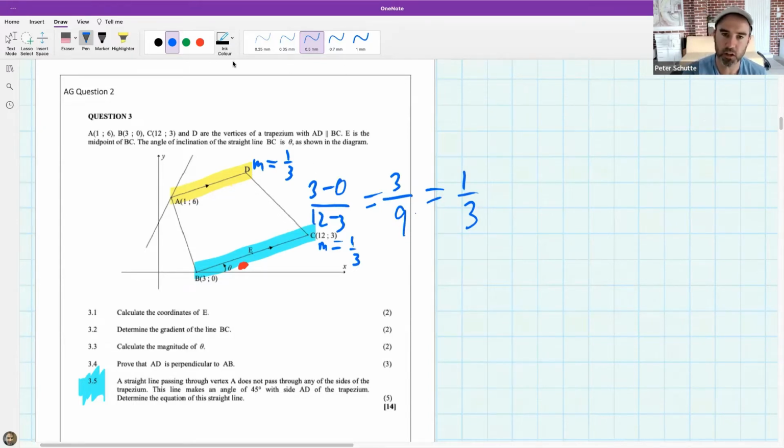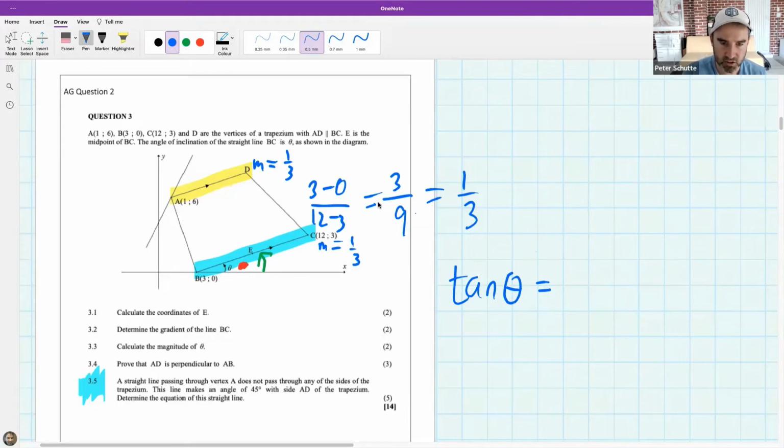basically, earlier in class in the week, we spoke about something called the angle of inclination, which is part of this question. The angle of inclination is the angle a line makes with the positive x-axis. So in this question, it's how big is that angle? And the way we solve for that angle is we use the formula tan of theta equals whatever the gradient is.